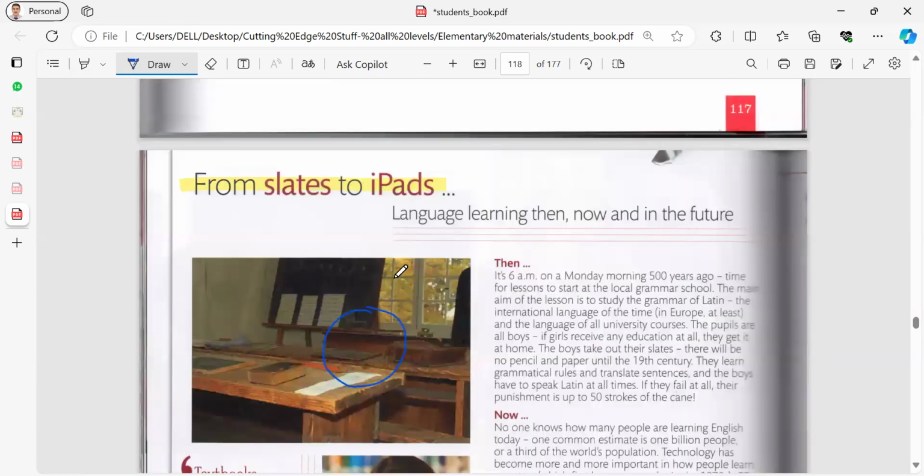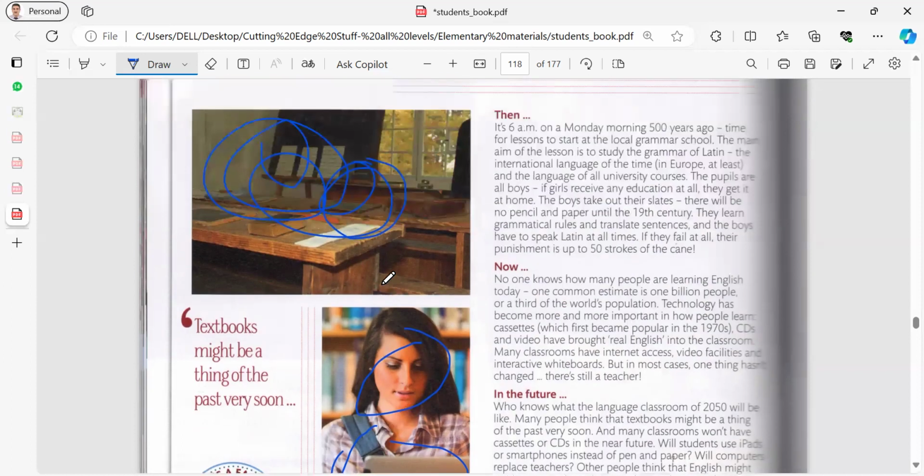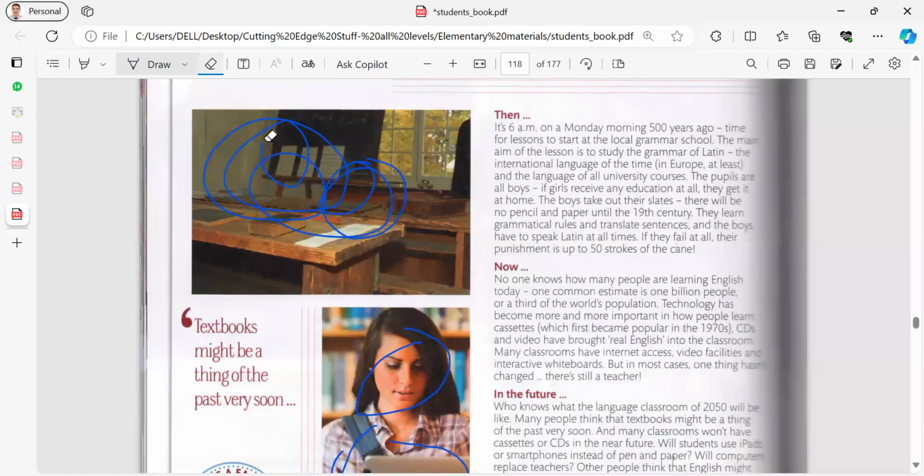So from slates, from a classroom like this, to a paperless classroom like this one. So you learn using iPads without any papers. Like now, what is this book, Shabab? This is a soft copy. We are using this book on the computer. So what is the relation between the two pictures?